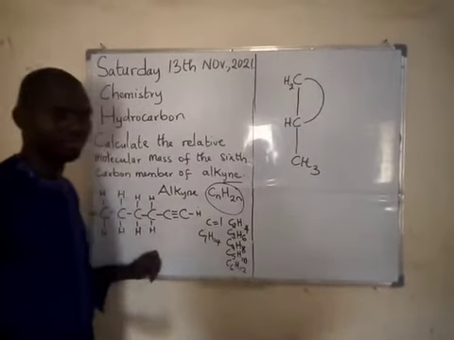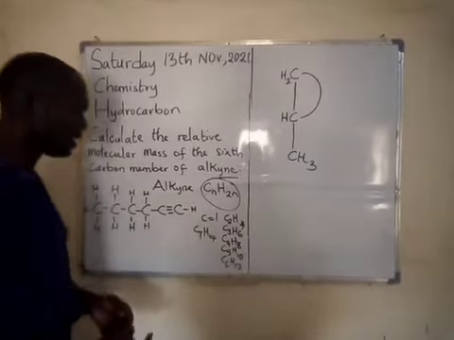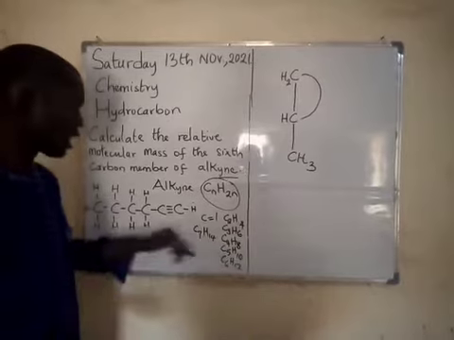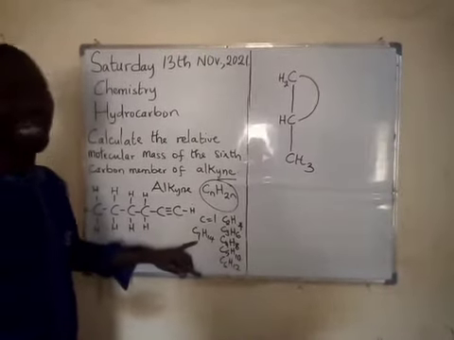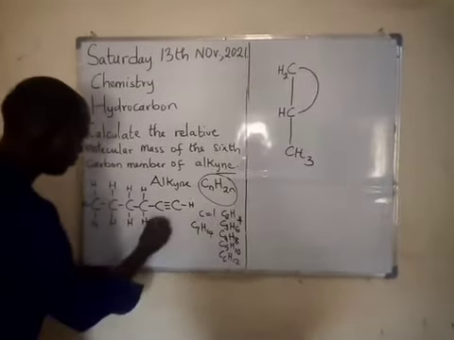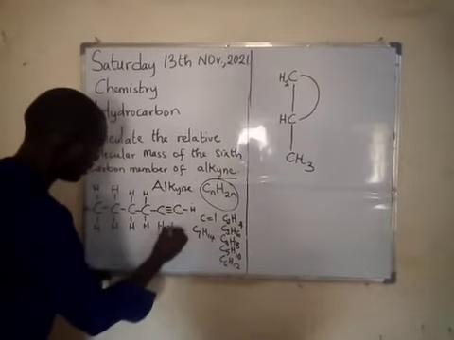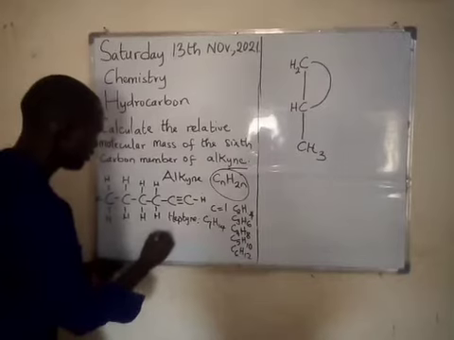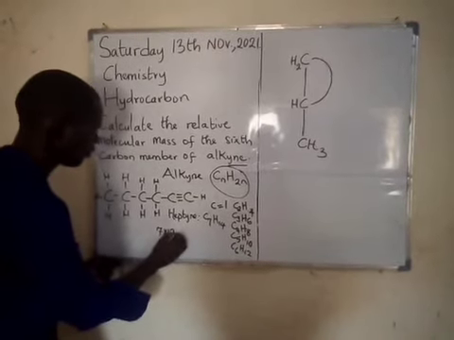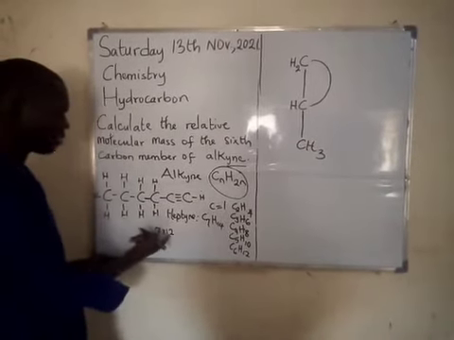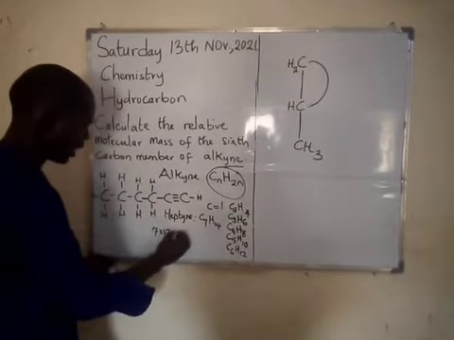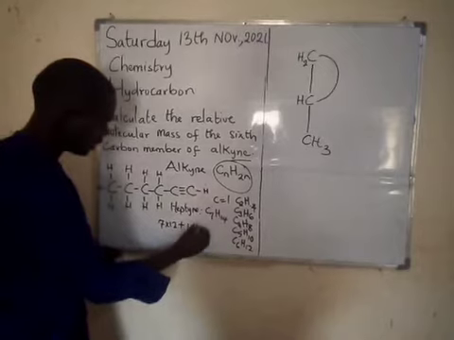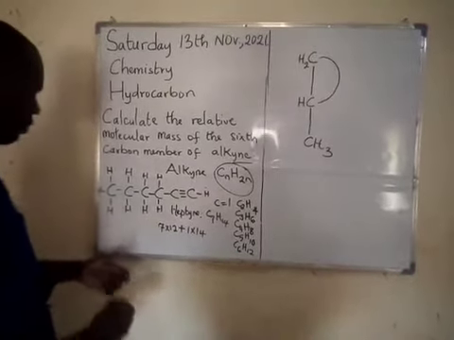So now, to calculate the relative molecular mass of this compound, which is heptyne, we are going to have 7 times 12, because the molar mass of carbon is 12, then hydrogen, the molar mass of hydrogen is 1, so we have 12 times 1.